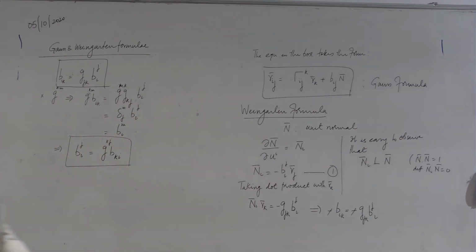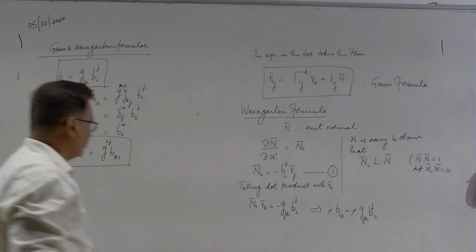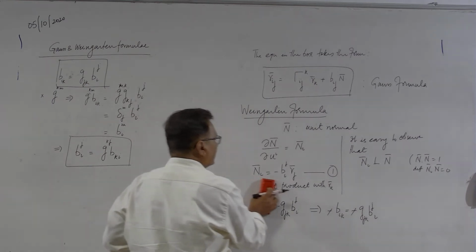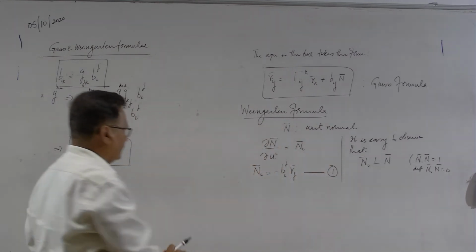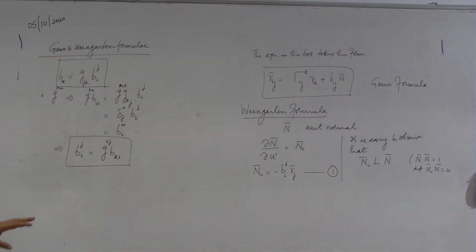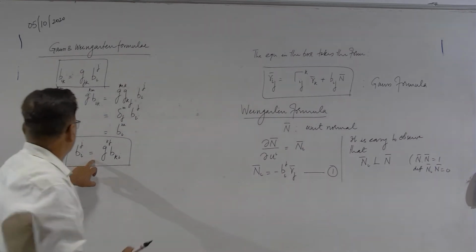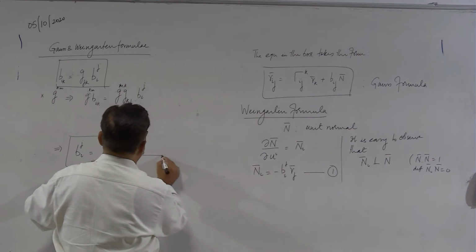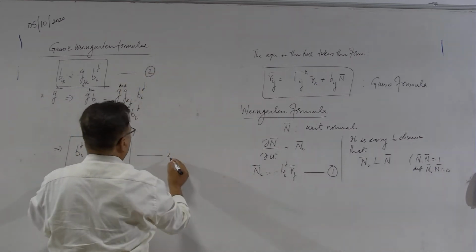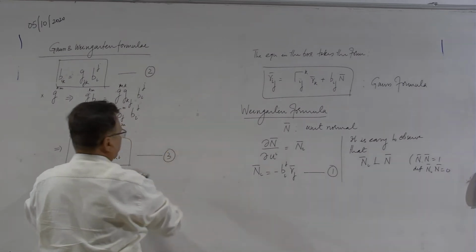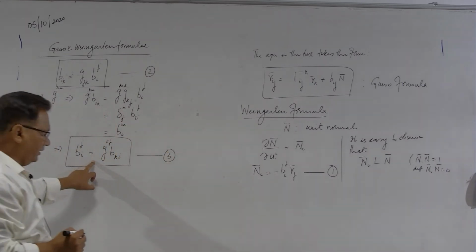So, with this value of B j I, formula 1 becomes the following. I can rub it off, and substituting the value of B j I from this box, you may call it number 2, and this you may call as 3. These relations are important.